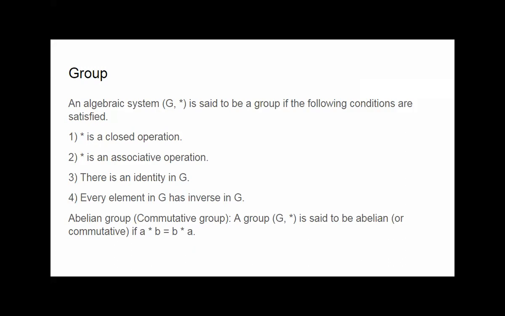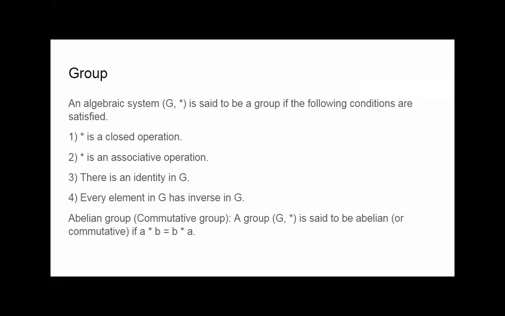So for example, we take the multiplication operation on the whole numbers, that is 1, 2, 3, 4, integers we can say. In that case, 1, 2, 3, 4 are there, and the operation is multiplication.